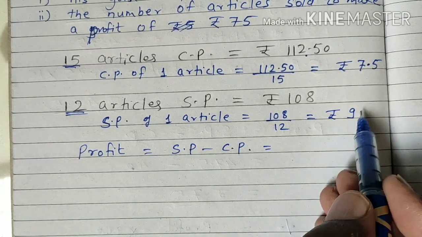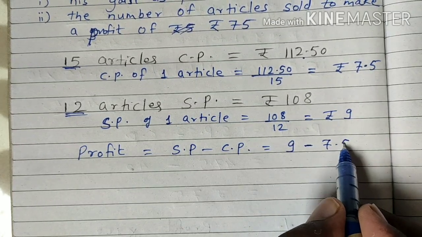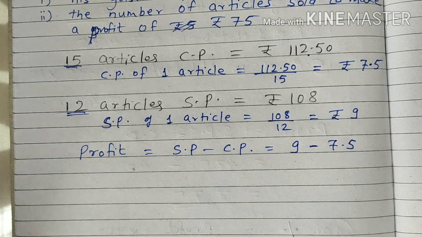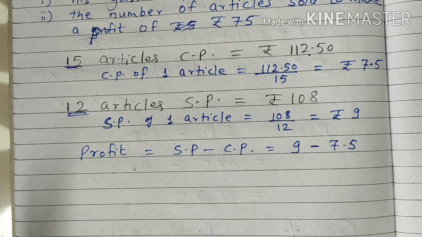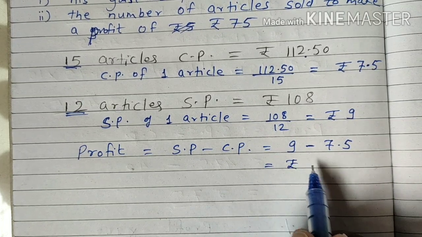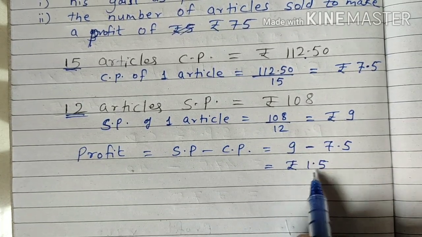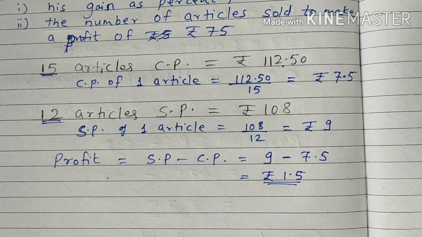So what is the selling price? 9 rupees minus 7.5. Then what we get here? 9 minus 7.5 is rupees 1.5. Correct? 1.5 is the profit on one article.